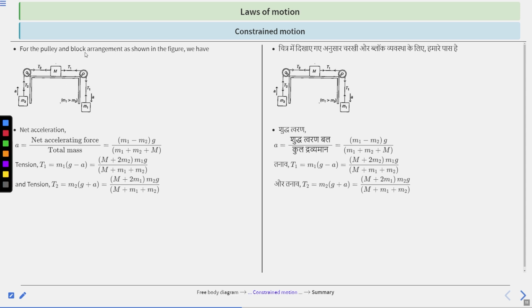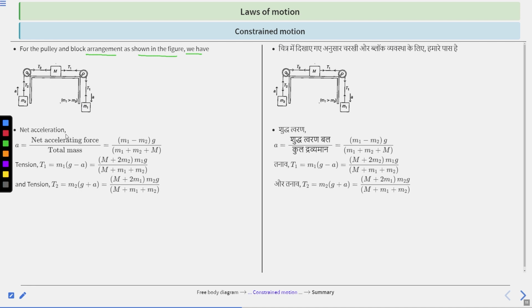For the pulley and block arrangement as shown in the figure, we have this one. This is the pulley and the block arrangement. Here the body moves downward, so the acceleration is acting in this direction, vertically downward, because the net force, or we can say net acceleration, is in this direction.